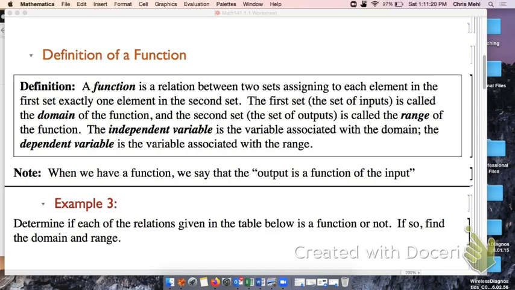But be careful, because there's a specific requirement that it assigns each element in the first set, and then the important statement here is exactly one element in the second set.